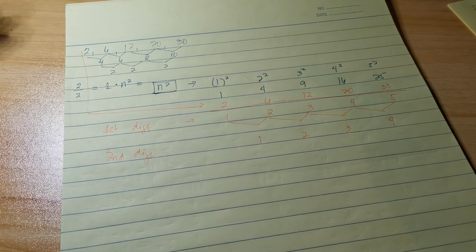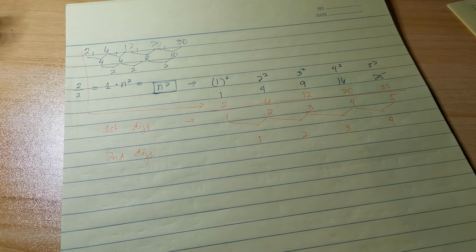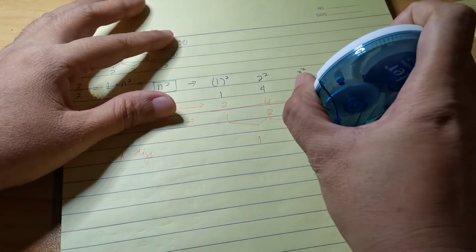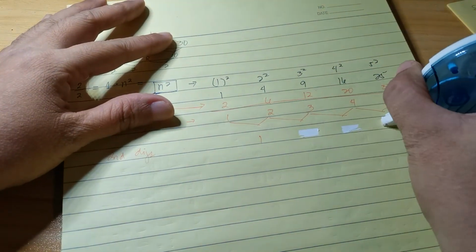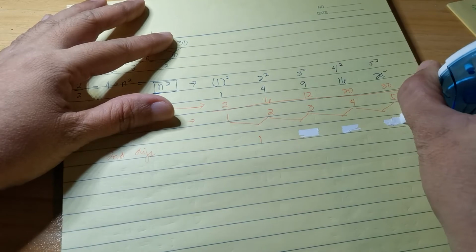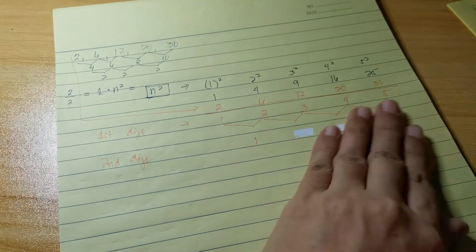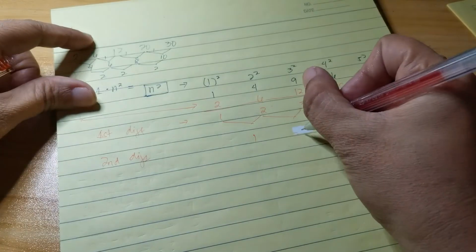So what did I miss? Oh, sorry. Yes, I missed something. This is a mistake. I got ahead of myself. Okay, sorry guys, sorry about that. So we have 1 here.